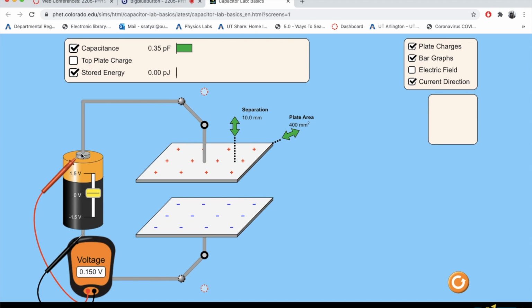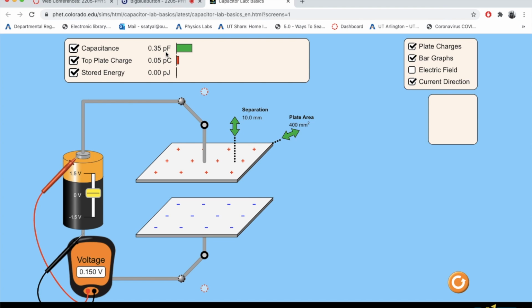Okay, so as my voltage here is 0.15, there is a certain amount of charge here. Can I read the charge? Top plate charge. I can even read how much charge is placed in the two plates. That PC is picocoulomb. P is pico.